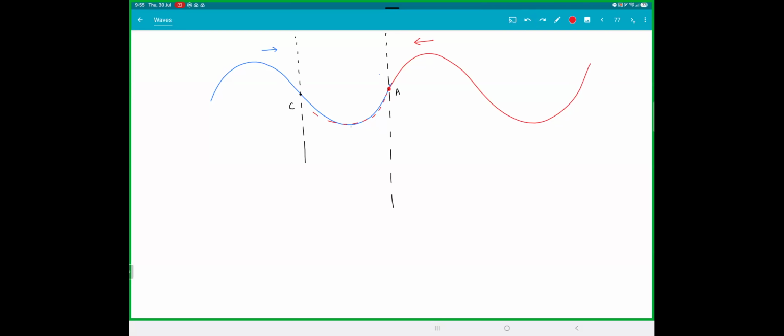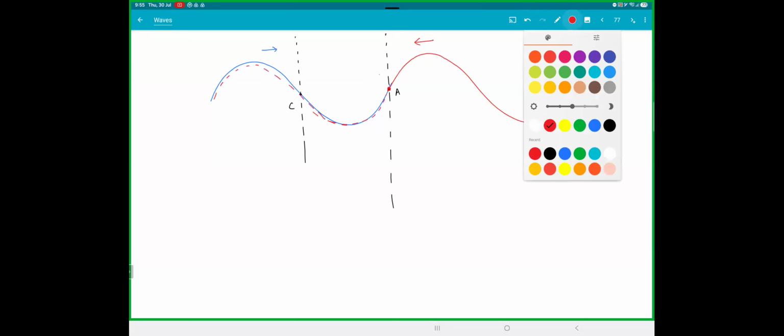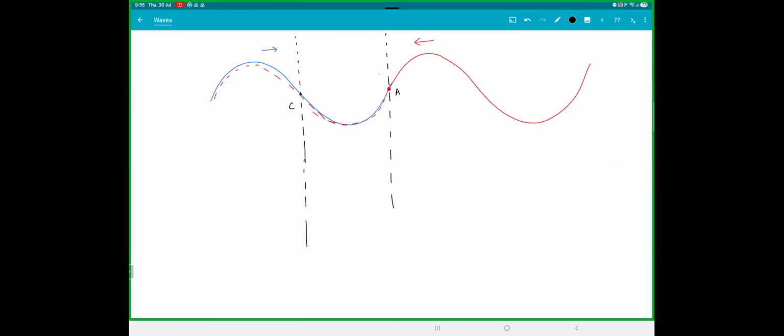It is not like it is only here. Now see what happens. Next moment when the waves go a little forward, the blue wave would look something like this. The red guy will look something like this, if you push it here.